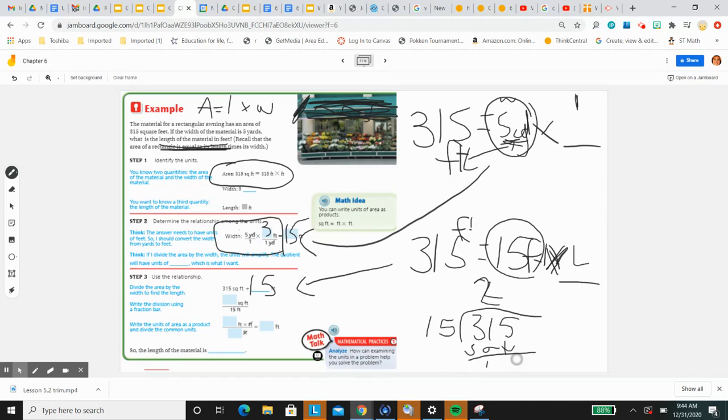Bring down my 5. 15 goes into 15 one time. I don't have room, but my answer is 21. So I'm just going to fill in what they have here: 315 divided by 15. The answer was 21 feet. So the answer in this question is 21 feet.